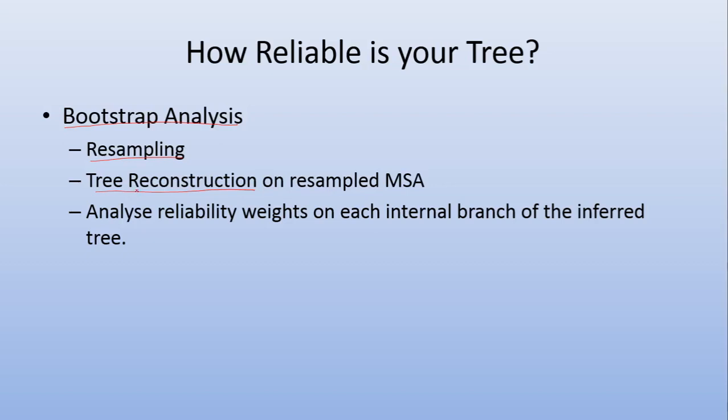At the end of this step you assign reliability weights to each internal branch of the inferred tree, and based on these weights you can decide which part of your tree is more reliable compared to others.